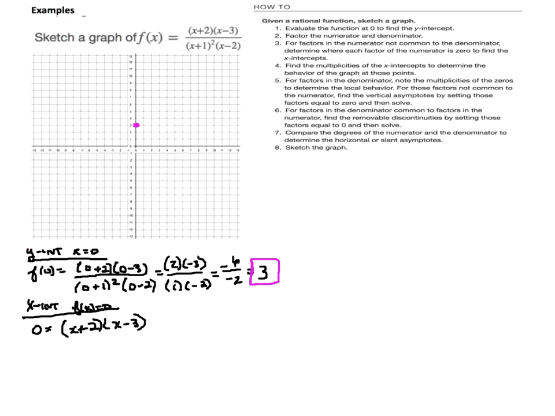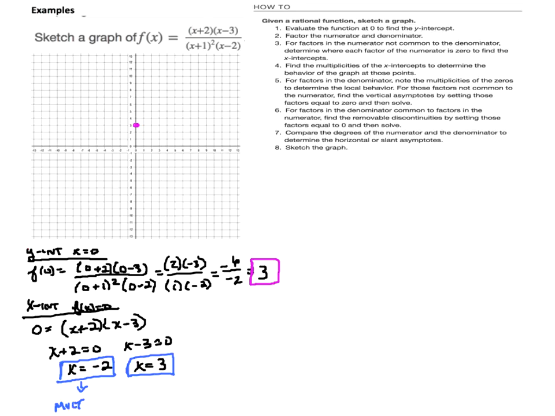So 0 equals, remember, I only have to worry about my numerator when I'm talking about x-intercepts. (x plus 2) times (x minus 3). So x plus 2 equals 0. That means x equals negative 2. And x minus 3 equals 0. That means x is equal to 3.